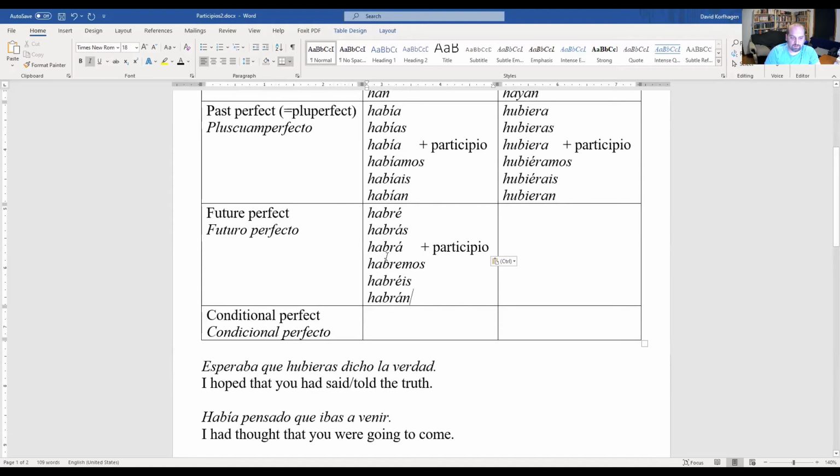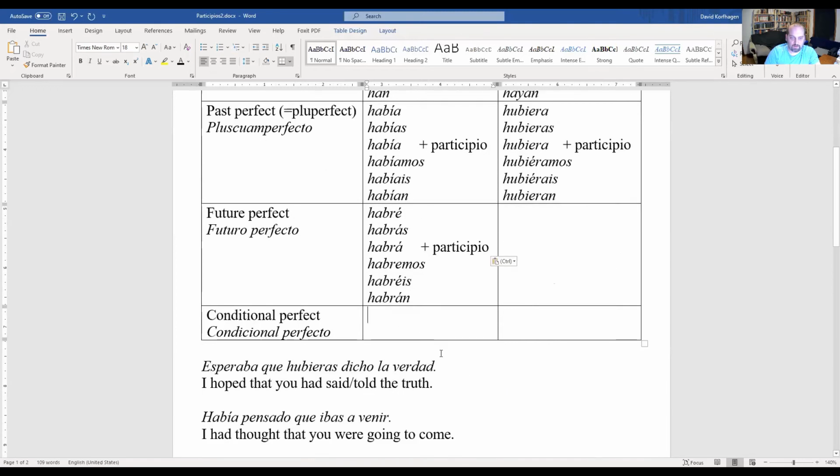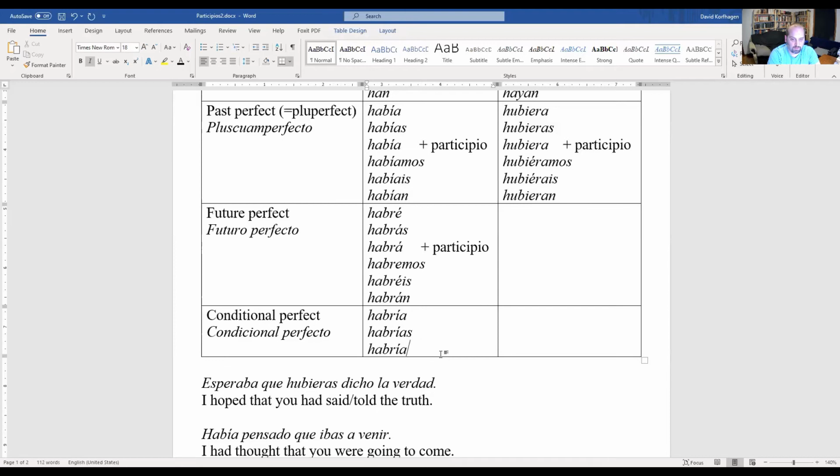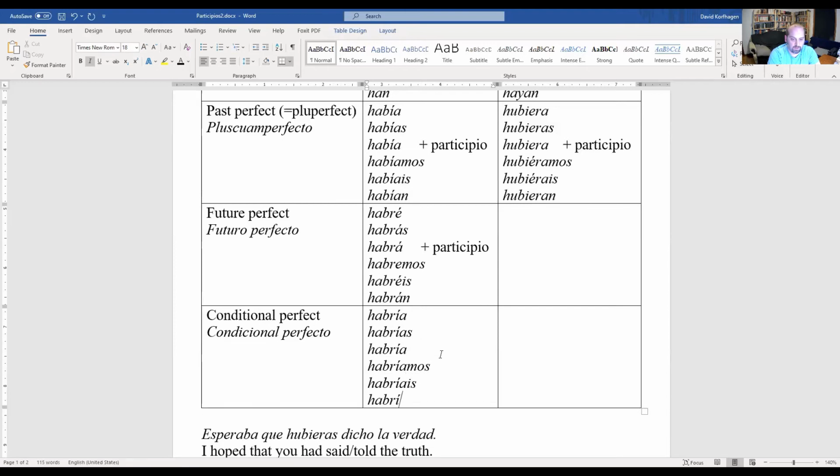But again, if this meant I have said, and this would be I had said, then this would be I will have said. And then the conditional, just to round it off, habría, habrías, habría, habríamos, habríais, habrían. And so this would be I would have said, right? That's what the conditional is.